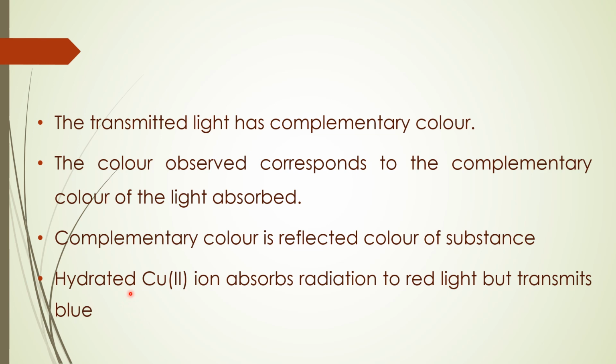For example, hydrated copper 2 absorbs the radiation corresponding to red light, but it transmits blue. If you see any copper complex in your laboratories, you will generally see it as blue in color.